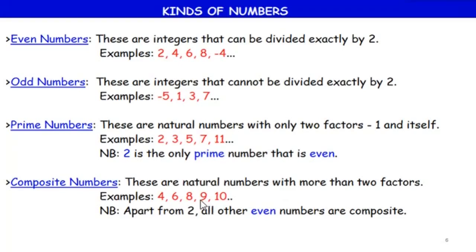Factors of 9, we can have 1, 3 and 9. Factors of 10, we can have 1, 2, 5 and 10. Clearly you would note that all these numbers have more than 2 factors, and that is what makes them composite numbers. I believe it is very clear and well explained. Okay, so let's move on.